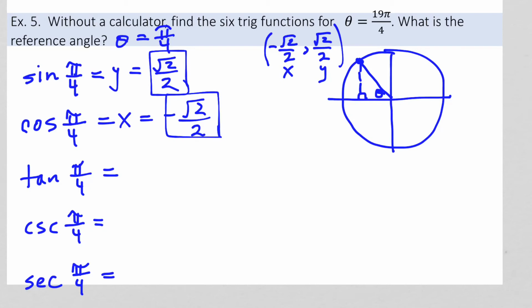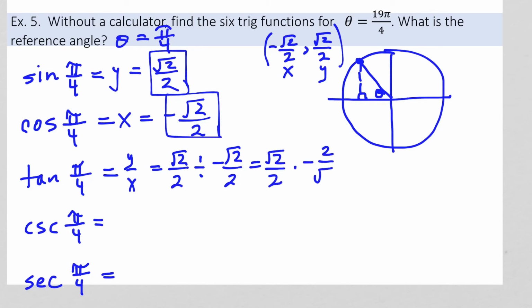Your tangent is your y over x, so you can see that those are the same magnitude, just different signs. So if I write it out, that's the same thing as root 2 over 2 times negative 2 over root 2. So everything cancels out here.